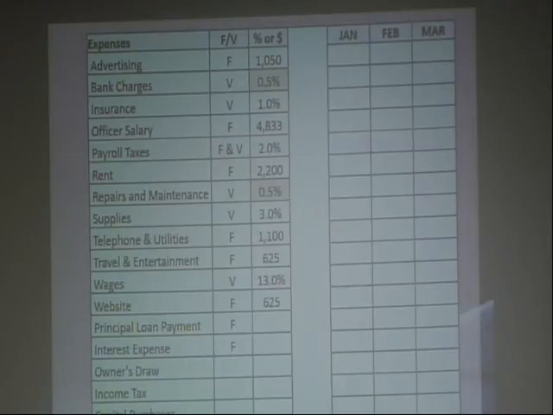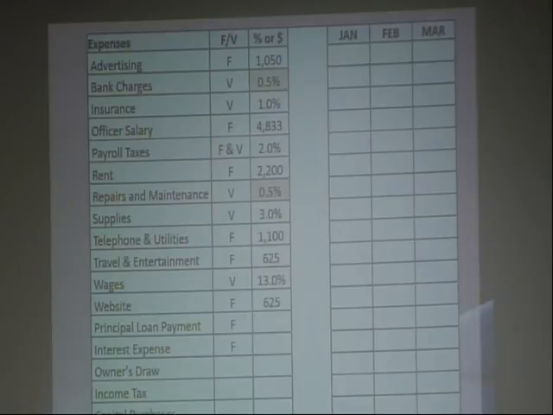If you want to follow me, I'm looking at the profit and loss comparison from page 23. That's what I've used to determine what my operating expenses are now going to look like that I'm going to put on my cash budget. Advertising. Now, I've made a determination.